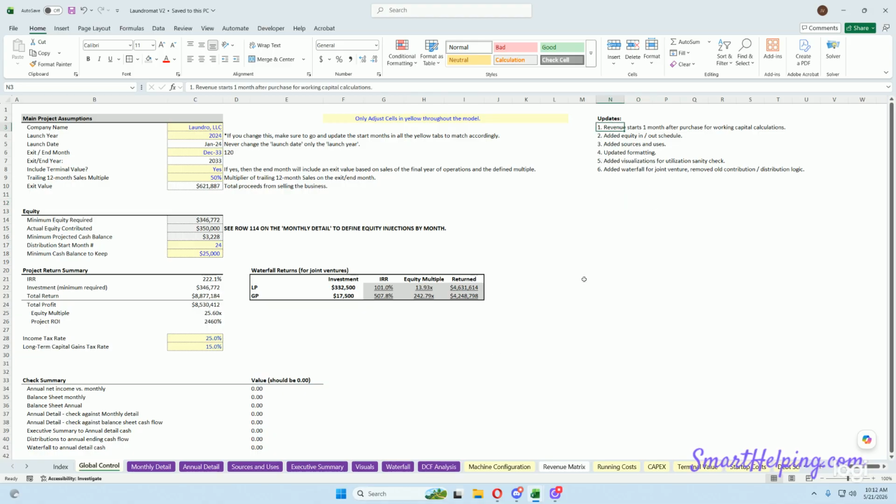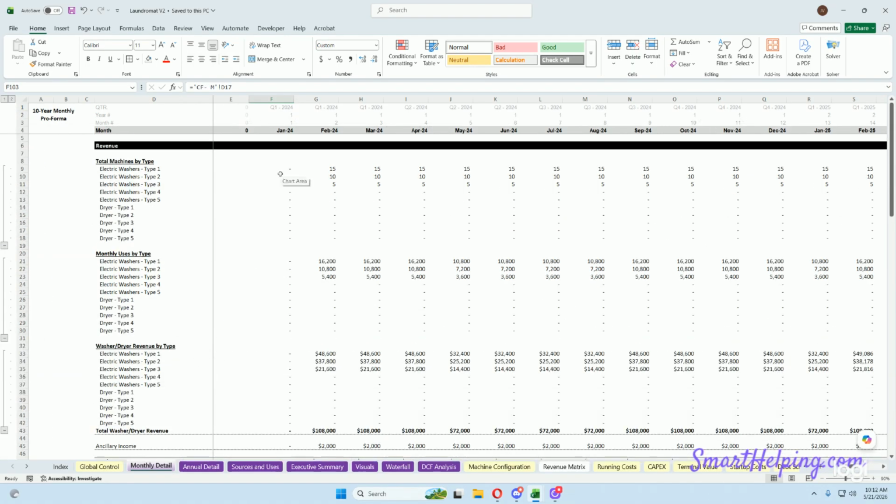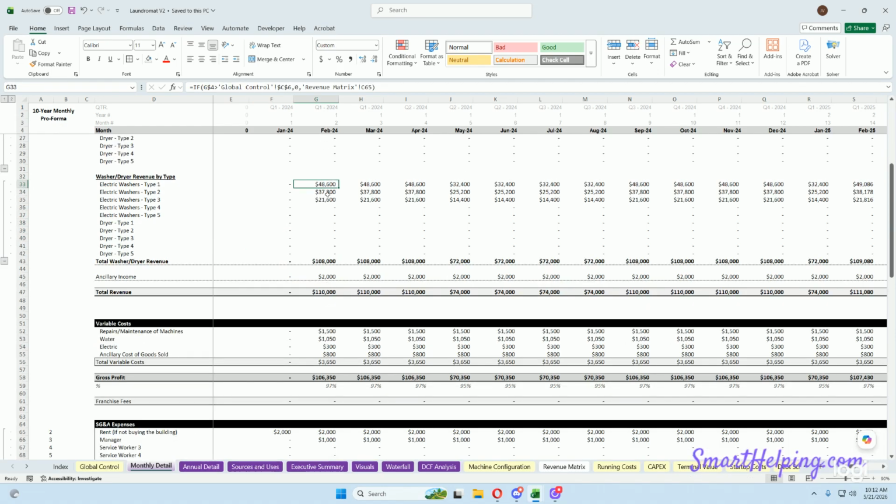exactly the updates. So number one, change of the start month. If you go to machine configuration, whenever you pick the month purchased here, so January for all these, you can see in the revenue tab, we purchased in January, but uses in revenue doesn't actually start till February. And same with the variable costs.